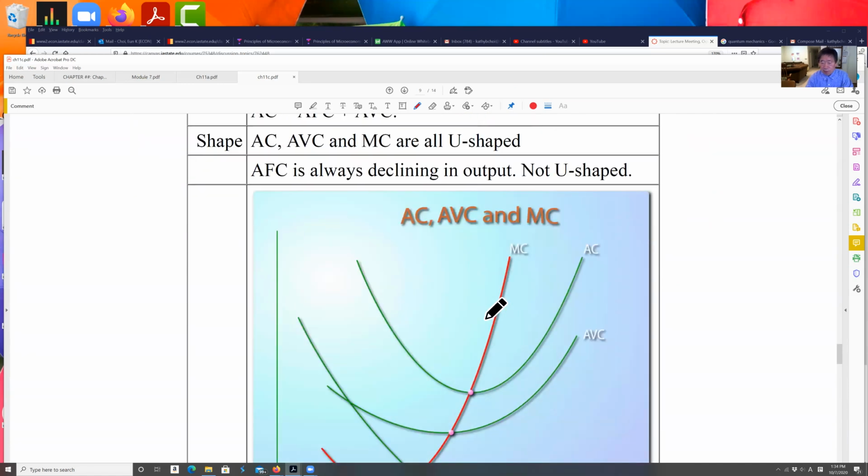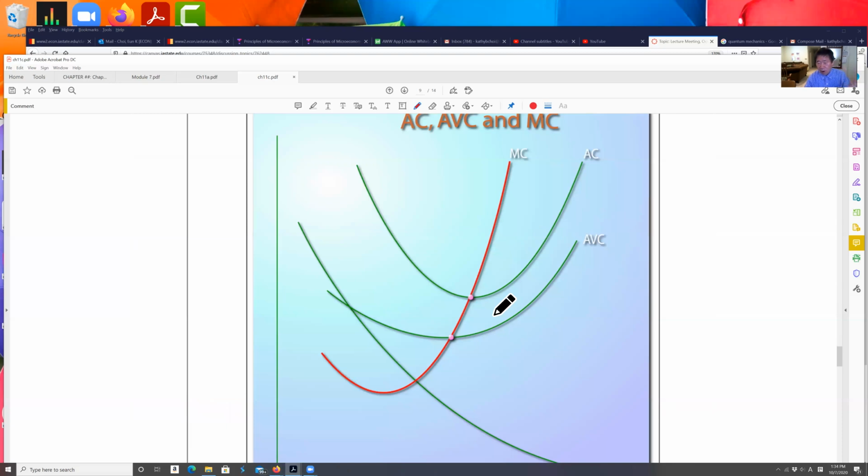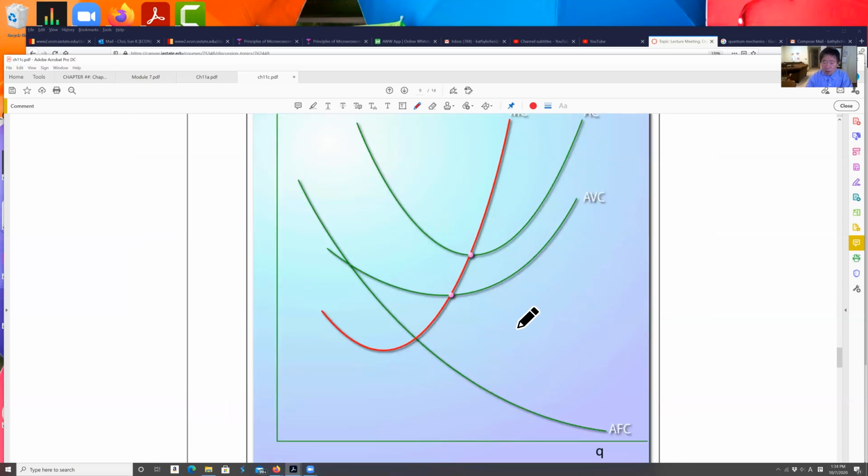So if you compile all these cost curves, these 4 cost curves, we can say the following. Average fixed cost curve is a rectangular hyperbola. It always goes down, never hits the horizontal axis.